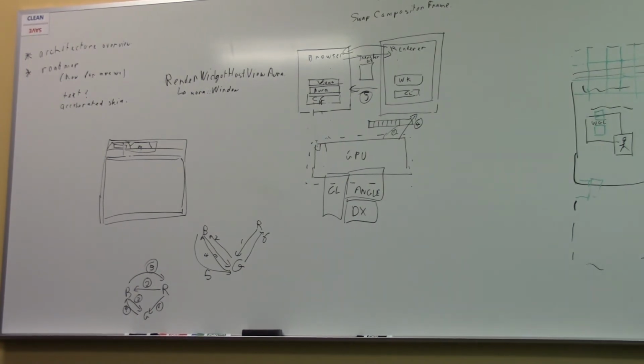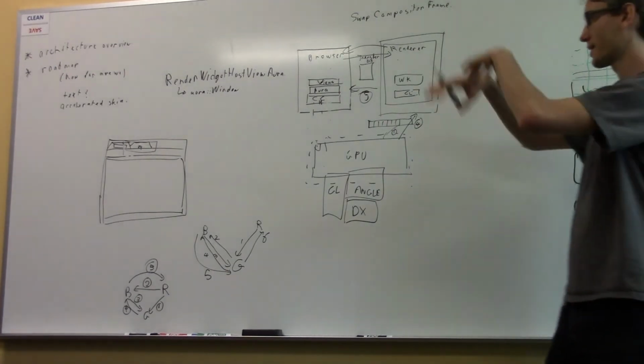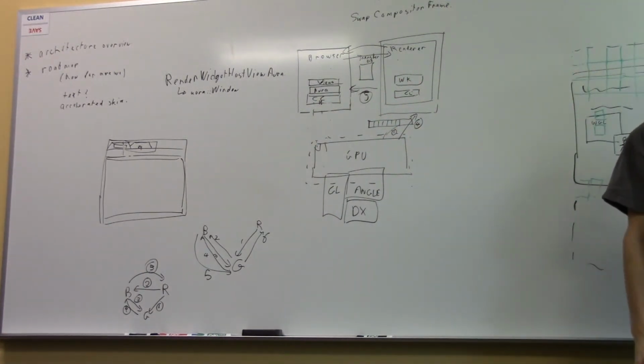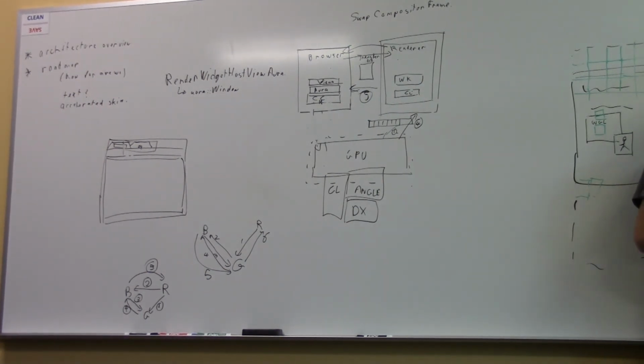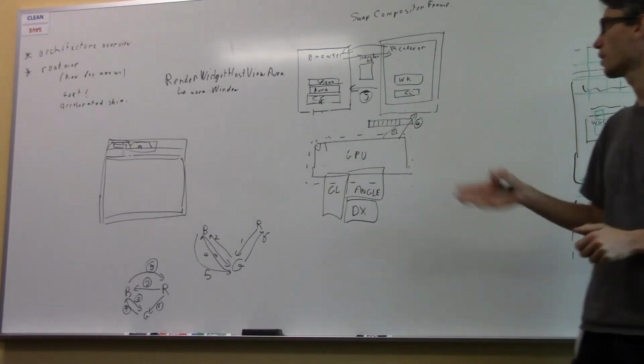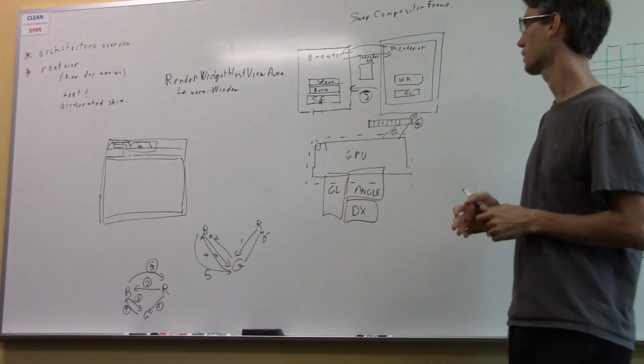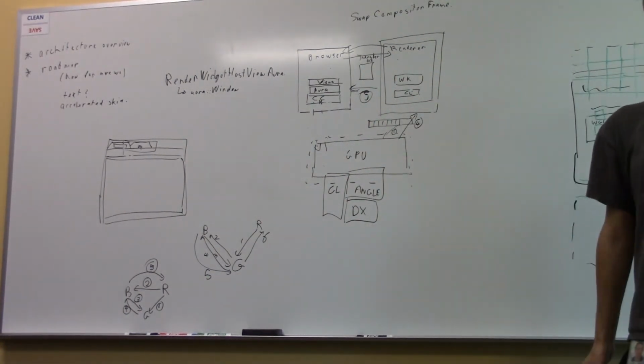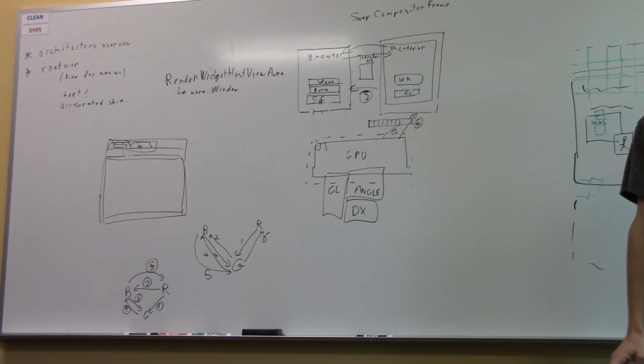So we built this entire infrastructure using a compositor and everything, and then it all relies on having a GPU here. The problem is, what if we don't have a GPU? What do we do? Originally, in the old case before Aura, we said you just don't get compositing in the renderer.